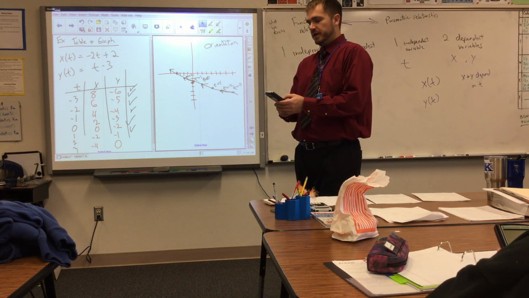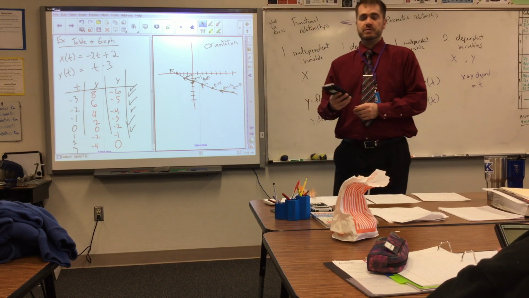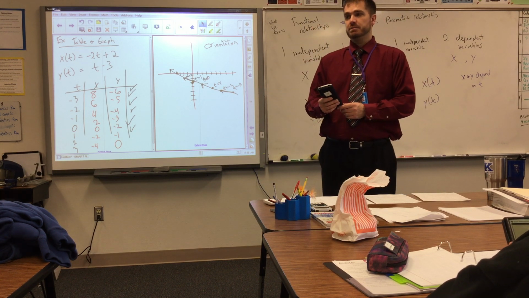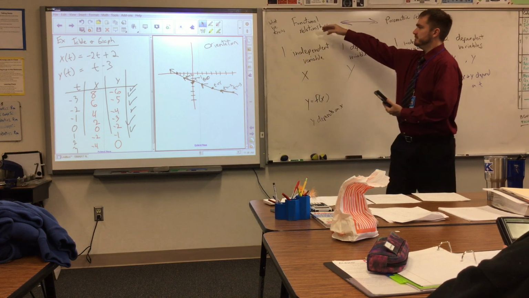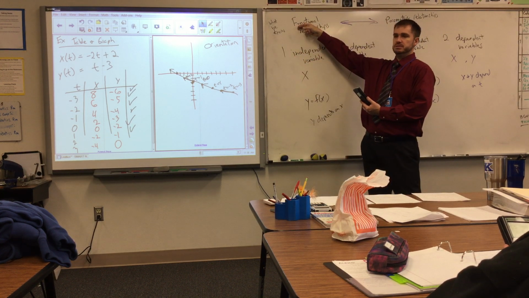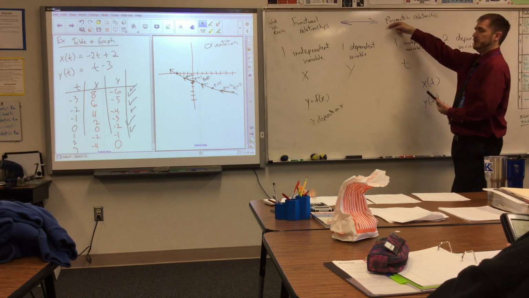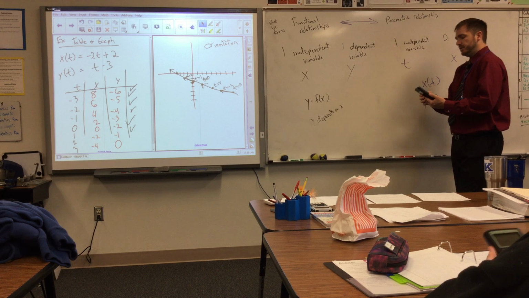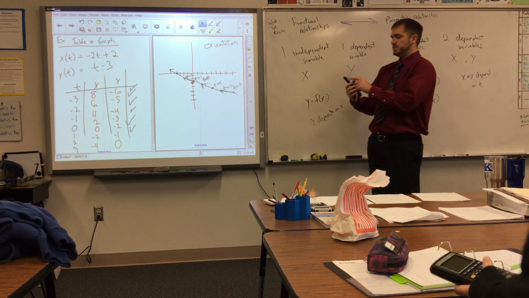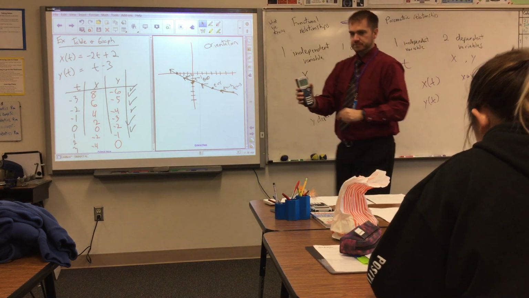Some of you, if you're lucky, are already in the correct mode, but let's all make sure we know how to do this. We want to change out of func mode and go to par mode. So hit the mode button and go down to the fourth line and you've got something that says func and par.